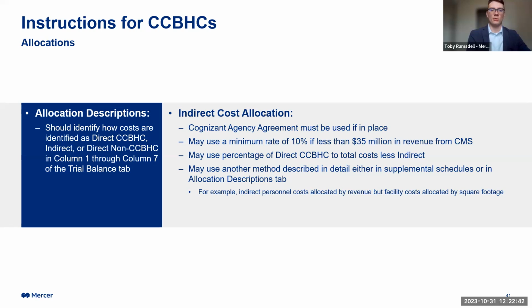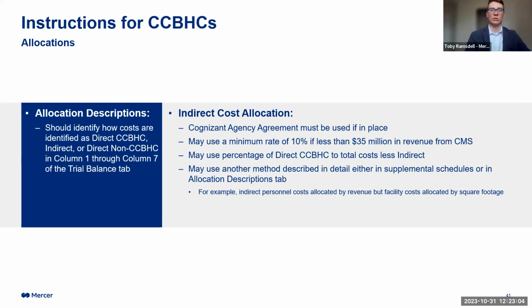So in this example, hypothetically, you could use indirect personnel costs allocated by revenue, but facility costs allocated by square footage. Any indirect cost allocation must be well documented, but if the fourth option is chosen, the documentation must be particularly robust and well documented.